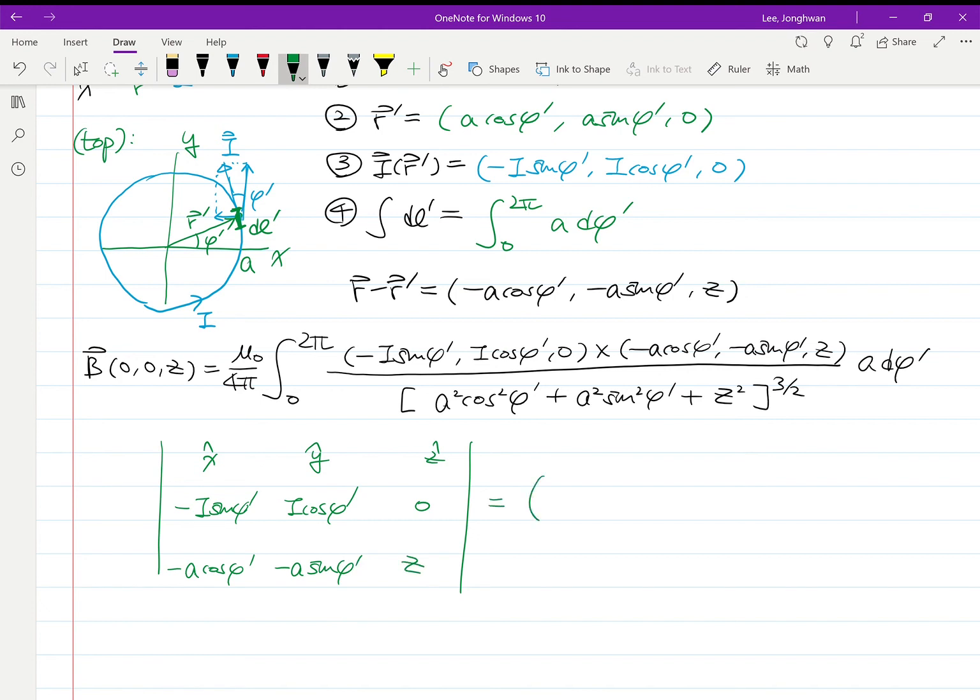And the x component will be this one minus this. Then the y component, and the z component.